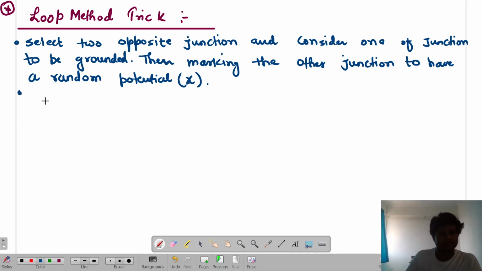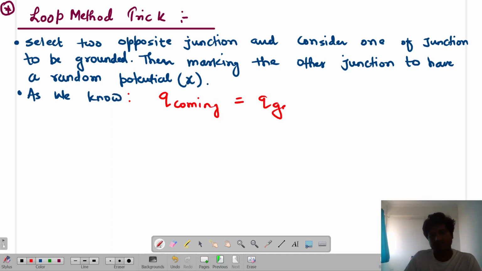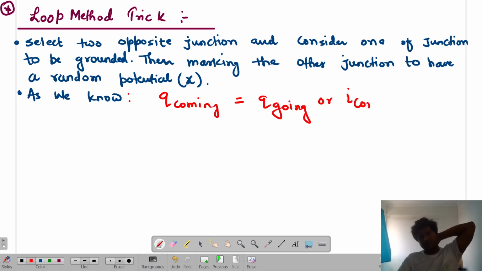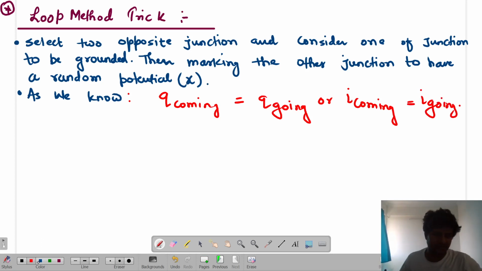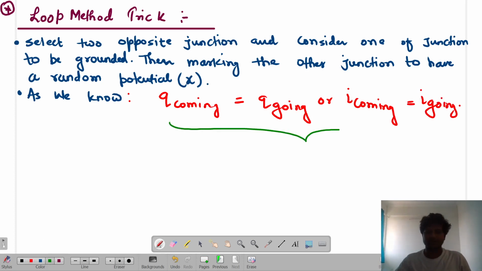Second point is, as we know, charge coming should be equal to charge going, or current I coming is equal to I going at any junction, for any kind of junction.